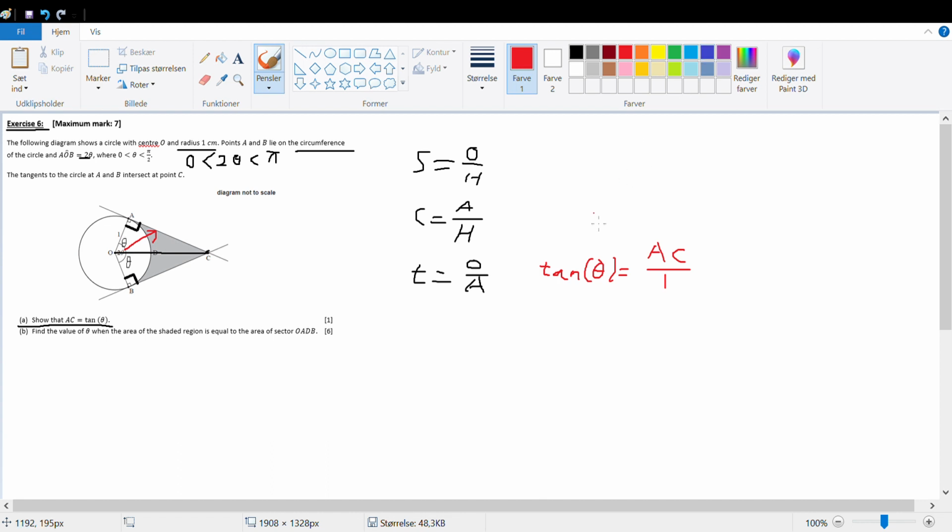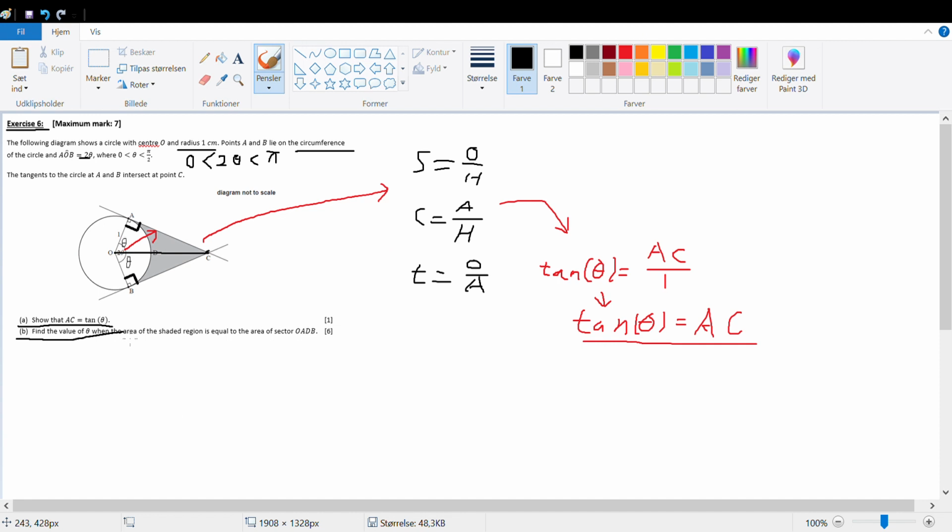That pretty much covers this part of the question, because now it's hopefully easy to see that the 1 should disappear, and you'll just have tan theta equals AC. Once you have that, you're basically done, because this is exactly what we wanted to show. So we're through. The proof is basically: remember that these are right angle triangles, remember that you could split it in 2, use your tan theta, see that the 1 disappears, and you get the result.